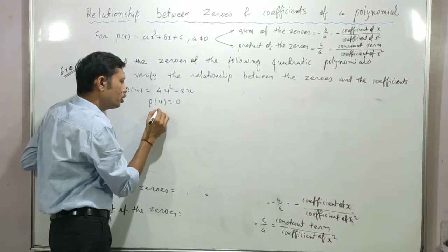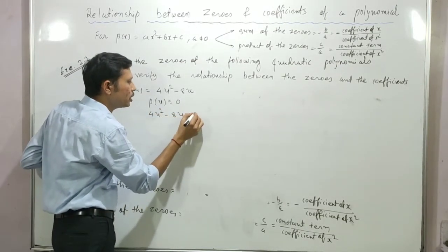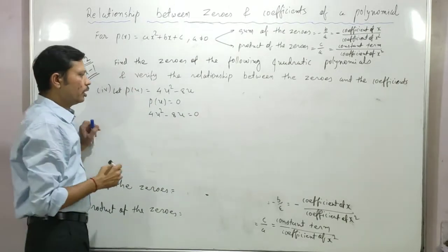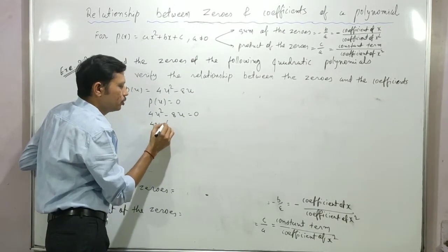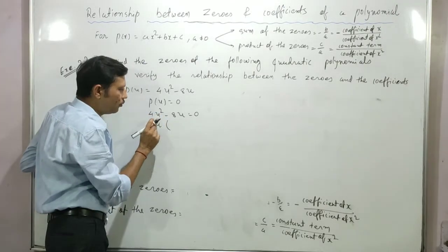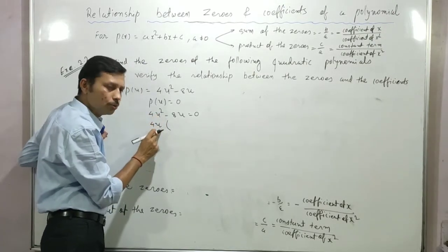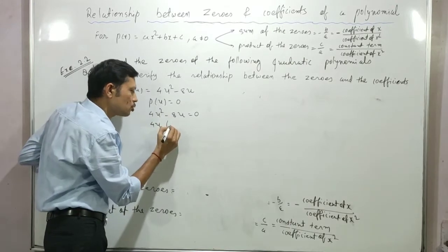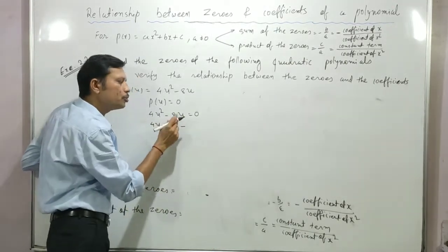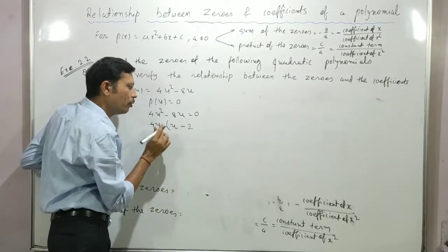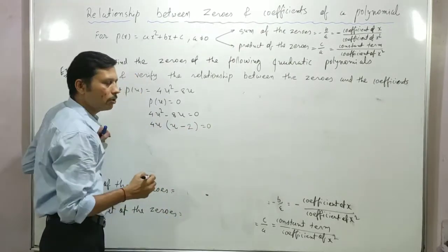That means 4u square minus 8u equal to 0. Now we can take common here 4 as well as u. So 4 we have taken common, from the u square we have taken common u. So u multiply u is u square, so 1u is left. Minus 4 2s are 8, so 2 is left here, and 4u we already took common, that is equal to 0.